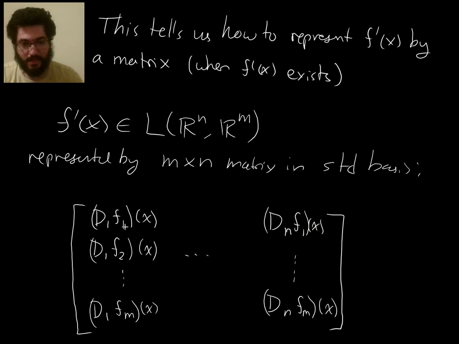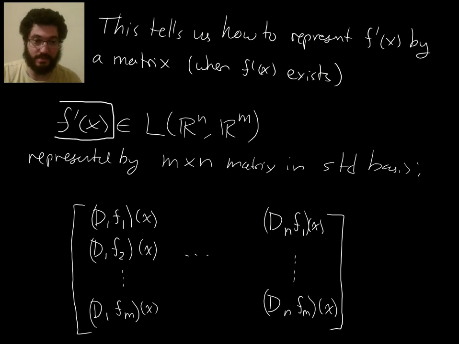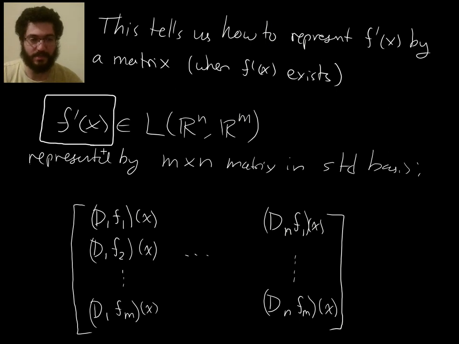Even if you can build this matrix using the partials, that does not necessarily imply that this matrix, when you turn it into a linear map, works as f prime x.